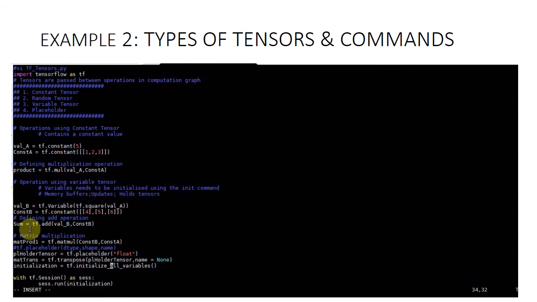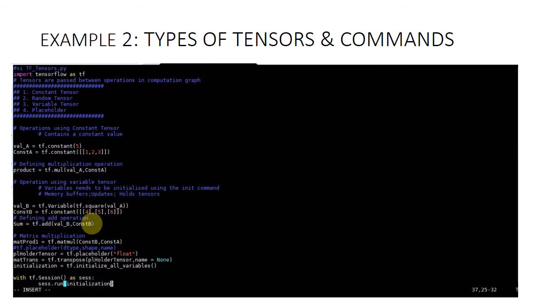In the next line I'm using a constant tensor, as we can see here. With this constant tensor, I'm creating another node and defining the operation of addition here, and the addition is between the variable tensor and the constant tensor.